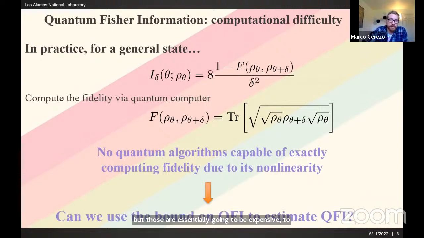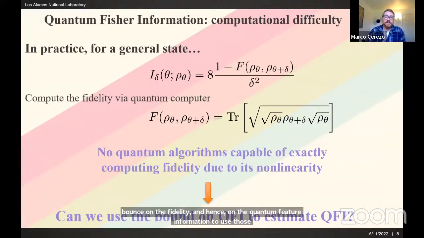So the next thing we're trying to do is figure out how we can still use the quantum Fisher information. The main idea is that if we cannot compute the quantum Fisher information, maybe we can bound it. And maybe we can use bounds on the fidelity, and hence on the quantum Fisher information, as proxies, right?